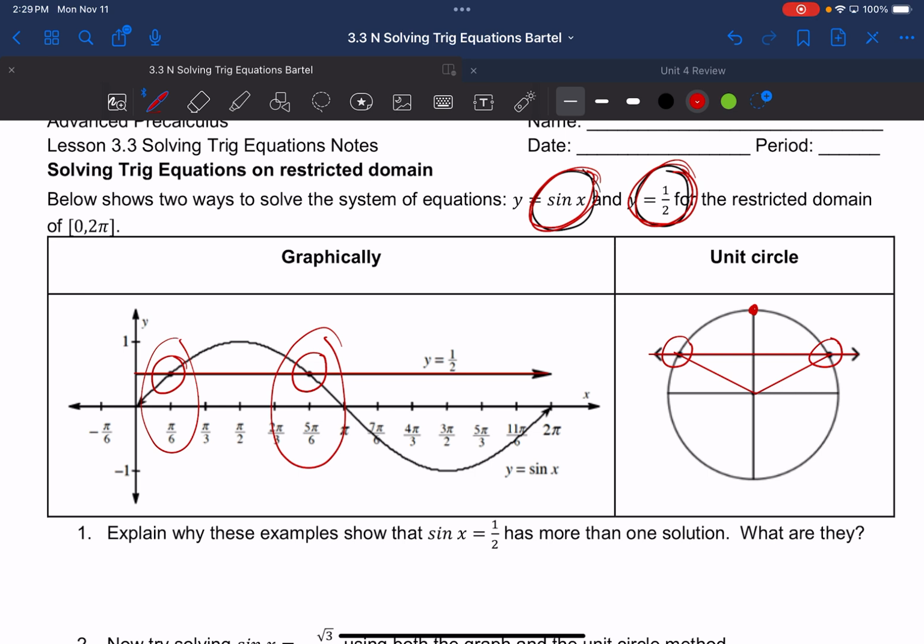Okay, so then here is how many degrees? 30. Or what would that be in radians? Pi 6, right? So this would be at pi 6, which is where we said that first one was, right? And it looks like it also intersects over here in quadrant 2, which would be 5 pi 6.